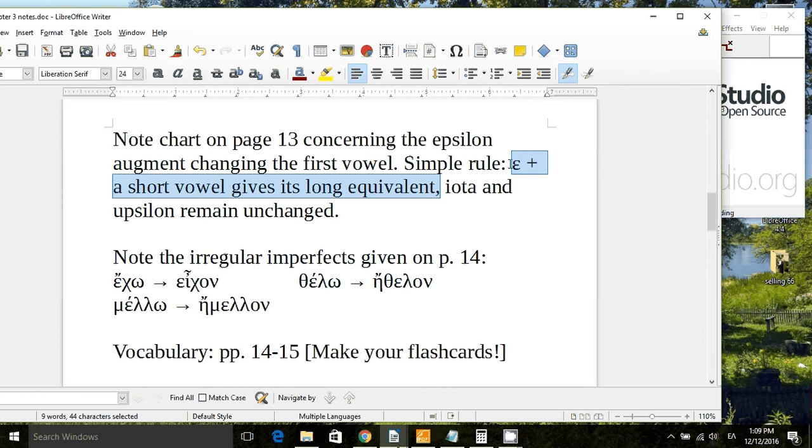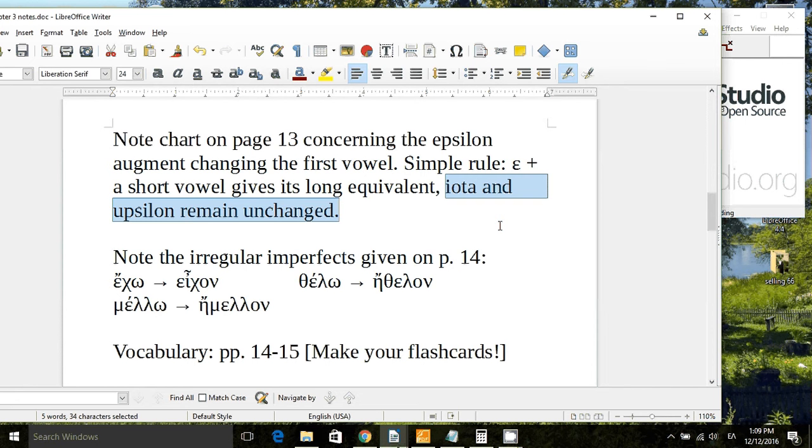You can see on the bottom of page 13 that if you add epsilon to an alpha, you get an eta. If you add it to an epsilon, you get an eta. If you add it to a short omicron, you get an omega, and so forth. And when you add it to an iota or an upsilon, those letters remain unchanged. So you can take a look at that chart. Again, if you just remember that adding that epsilon makes a short vowel long, you'll be good to go.